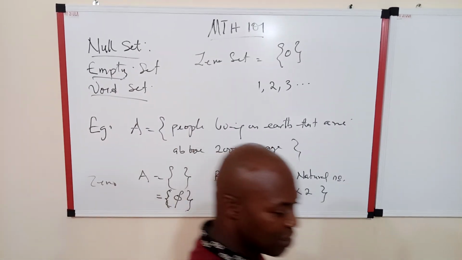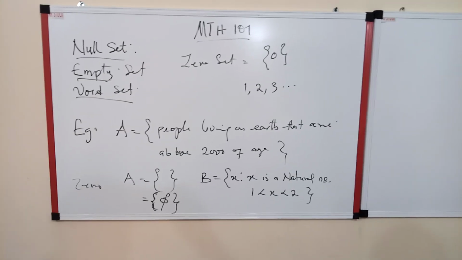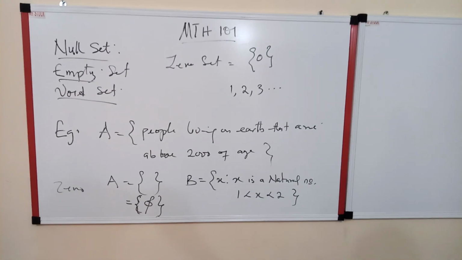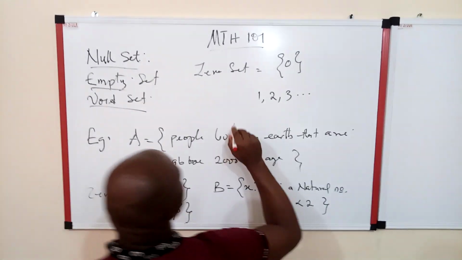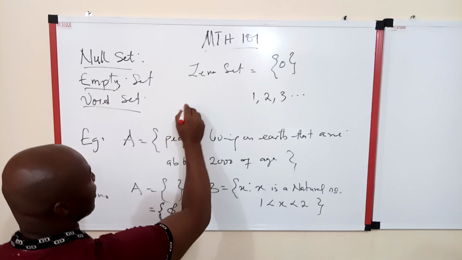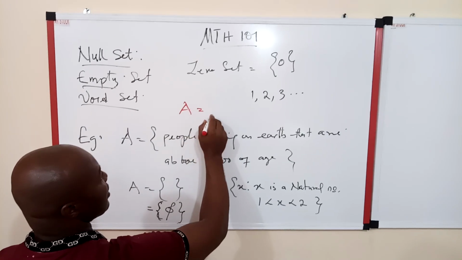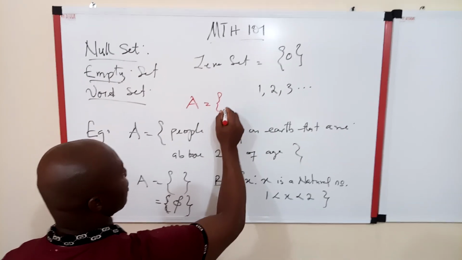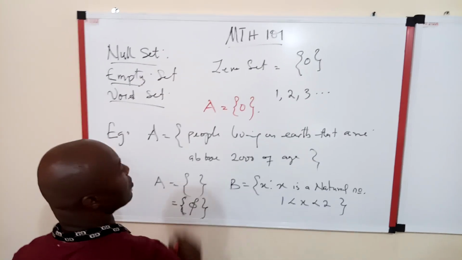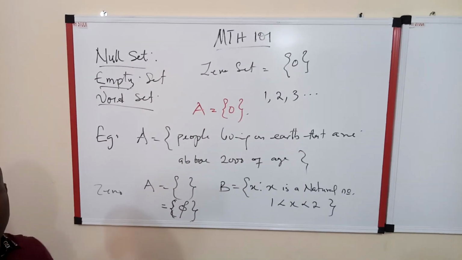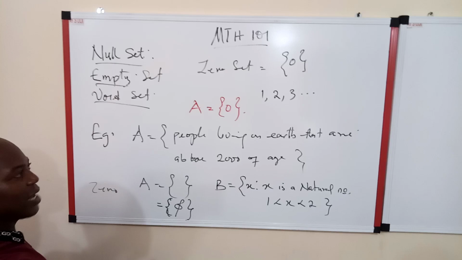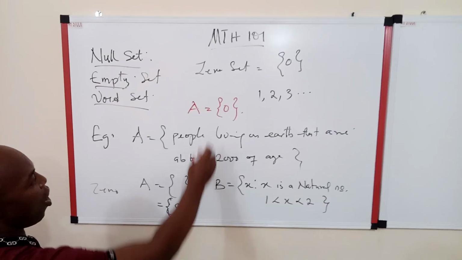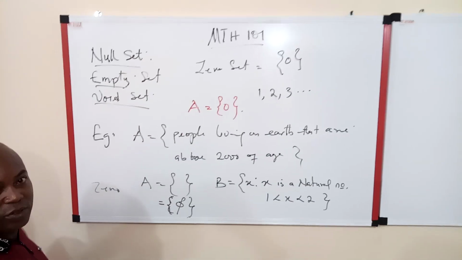In such a case, we say that set is called a zero set. Let A be a set where its collection is 0. This kind of set is called a zero set, and not this one. This one is called an empty set, and this one is called a zero set.